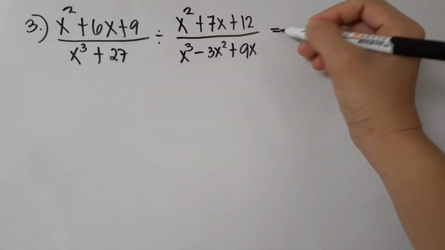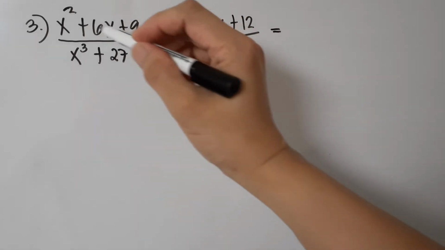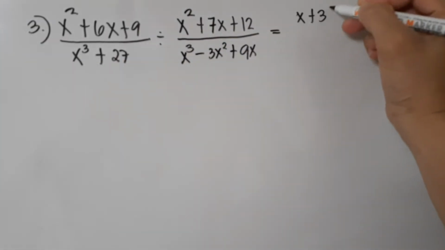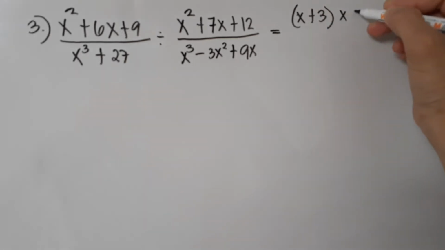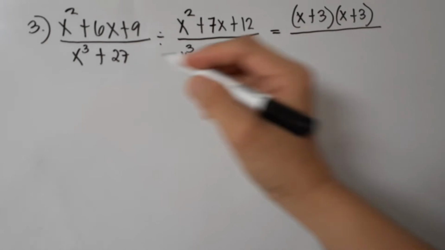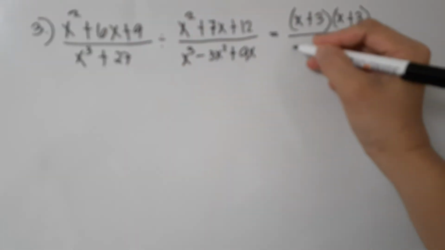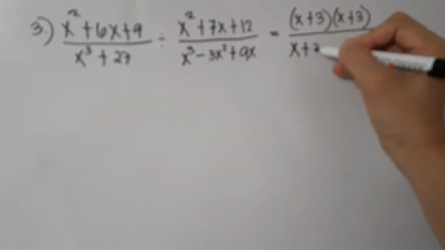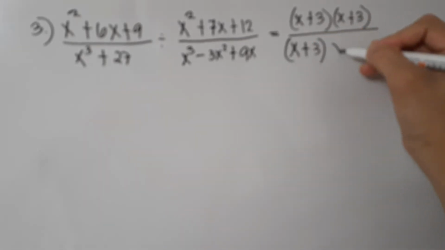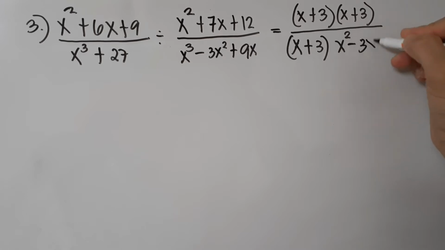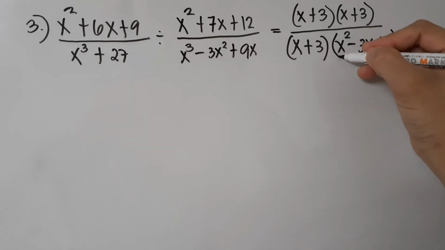And then let's check example number 3. X squared positive 6x positive 9 over x cubed positive 27 divided by x squared positive 7x positive 12 over x cubed negative 3x squared positive 9x. Remember, we first factor, so we have x positive 3 squared as our first term, a trinomial.